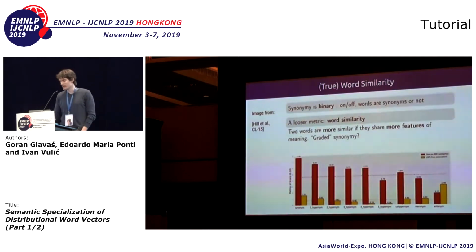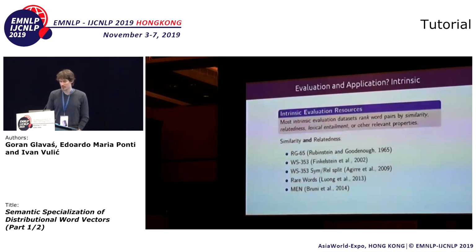Then they also used USF norms as an association and relatedness benchmark, and showed that some other relations have better scores than synonyms when capturing relatedness. For example, antonyms have a higher association score than synonyms in the USF database. So, to really evaluate what our word vectors capture, we need all these evaluation resources.